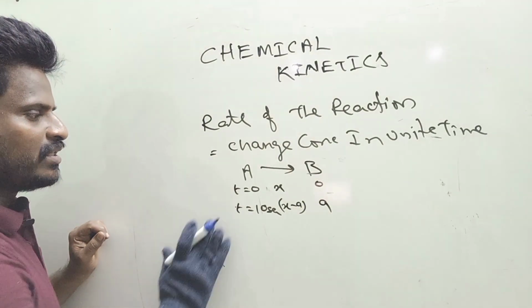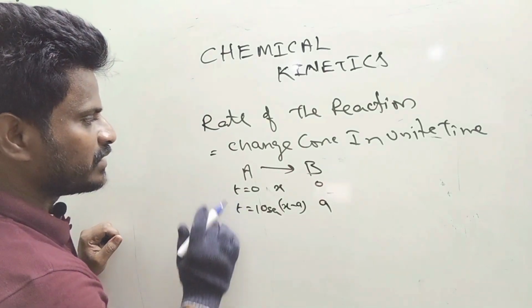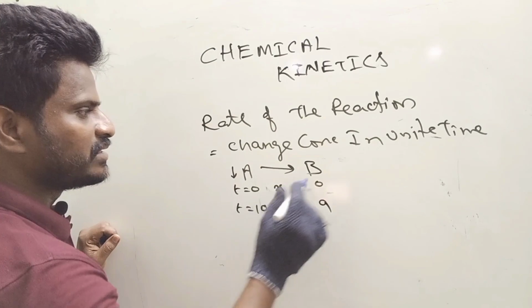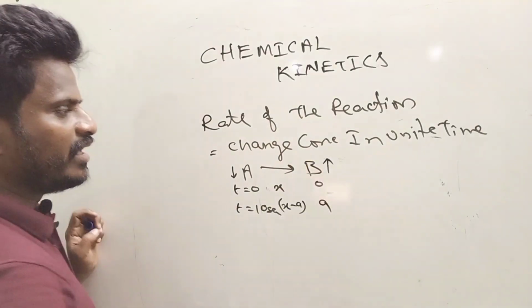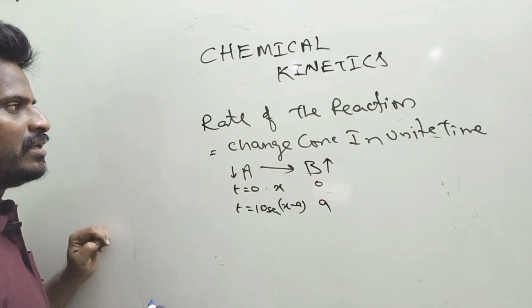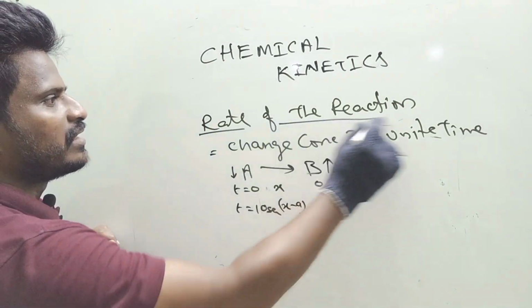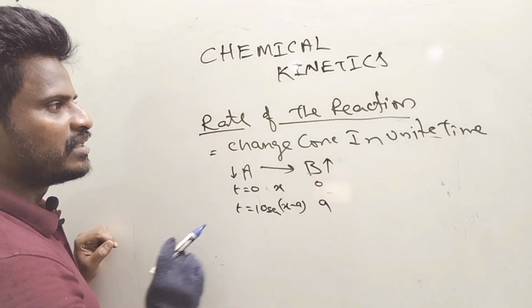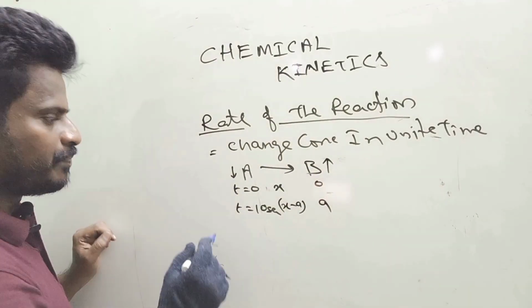It indicates that as the reaction proceeds, the concentration of A decreases and the concentration of B increases. That is the rate of the reaction, change in concentration in unit time.